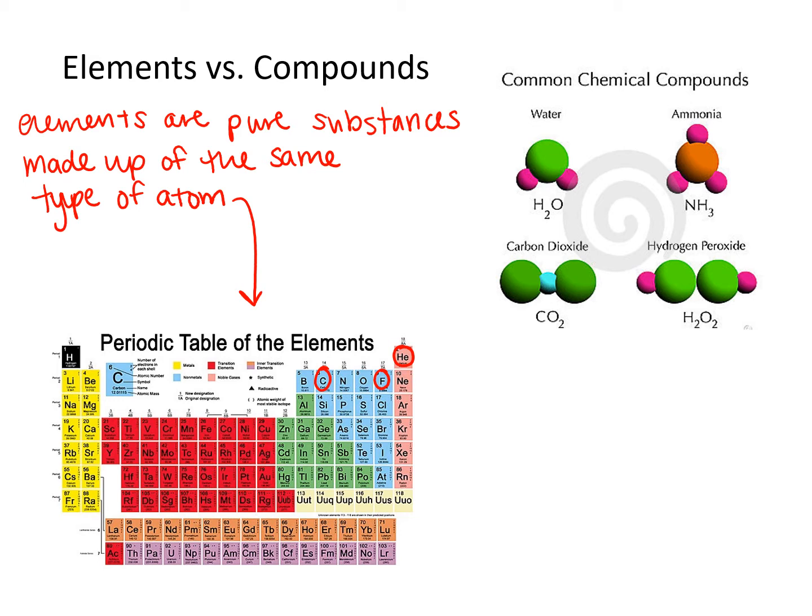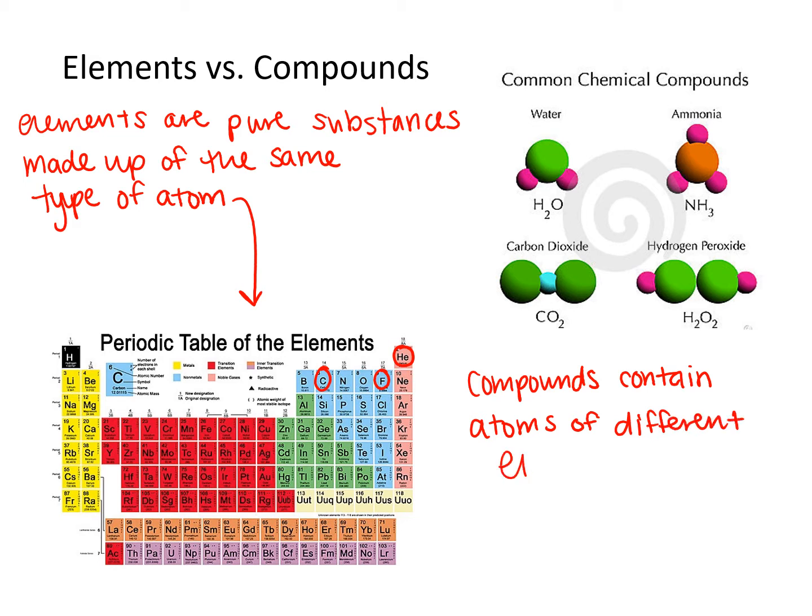Whereas when we're talking about a compound, compounds contain atoms of different elements. And we're going to see in just a minute that those different elements are always going to come in a fixed whole number ratio, and we're going to talk about what that means.